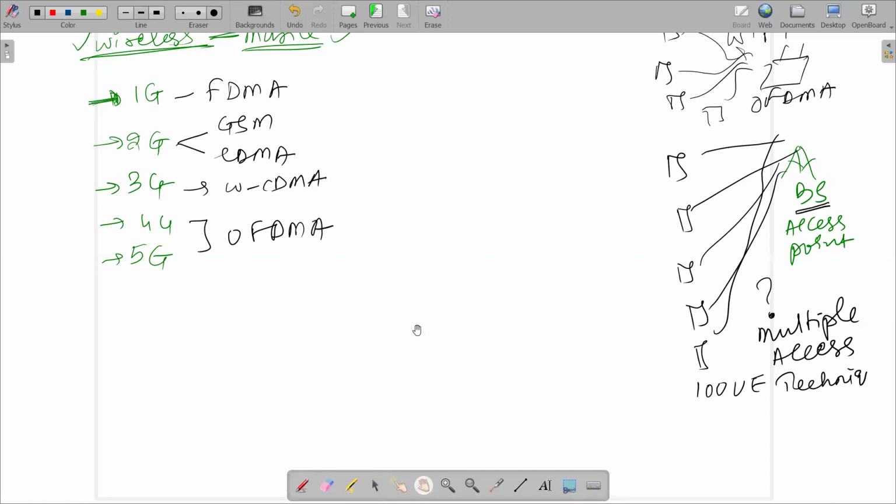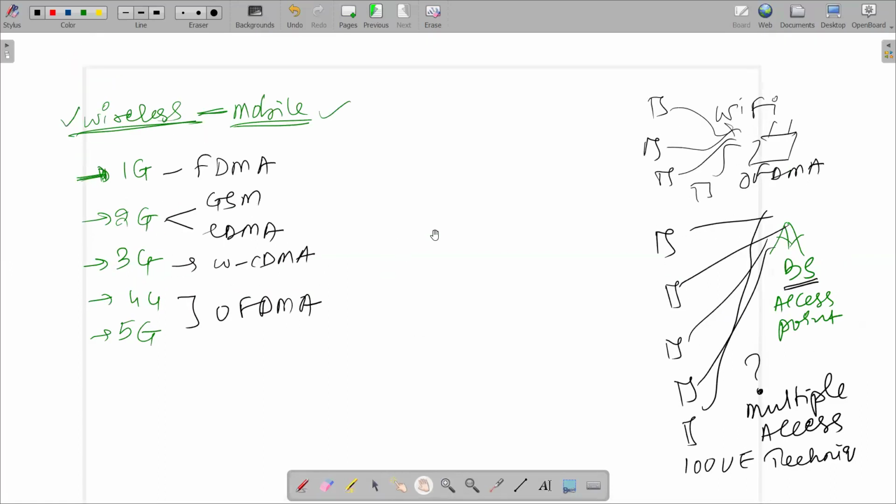In 3G, EDGE also is there, and those all work based on WCDMA. Multiple access, same.